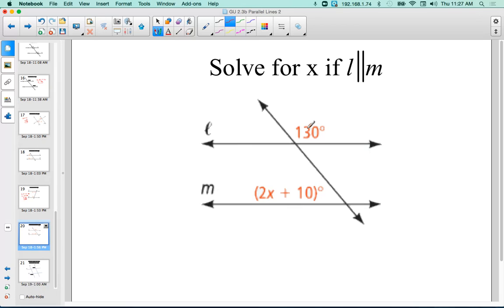But I do know that this 130 degrees is a vertical angle with this. So I could now use same side interior angles. Or I know that this 130 corresponds to this angle, which I can use the linear pair of these two angles and know that they are also supplementary to do 2x plus 10 plus 130 equals 180. So you can set this up and solve for it, but you've got to do a little work ahead of time to get there.